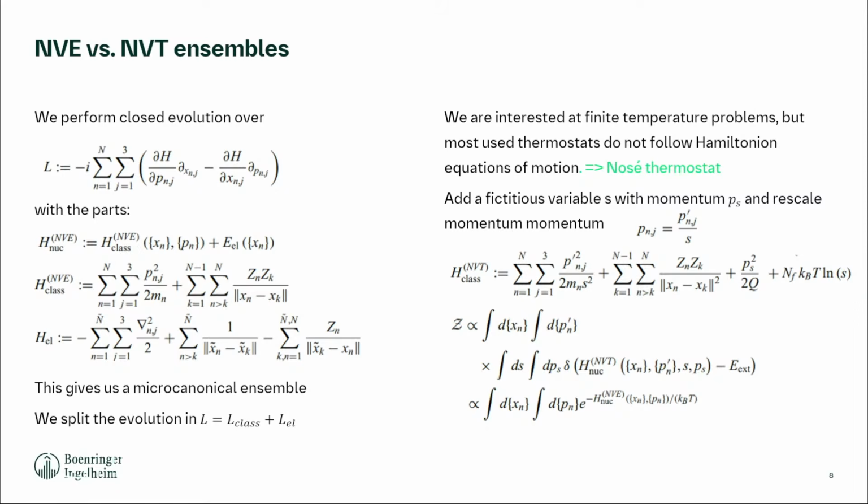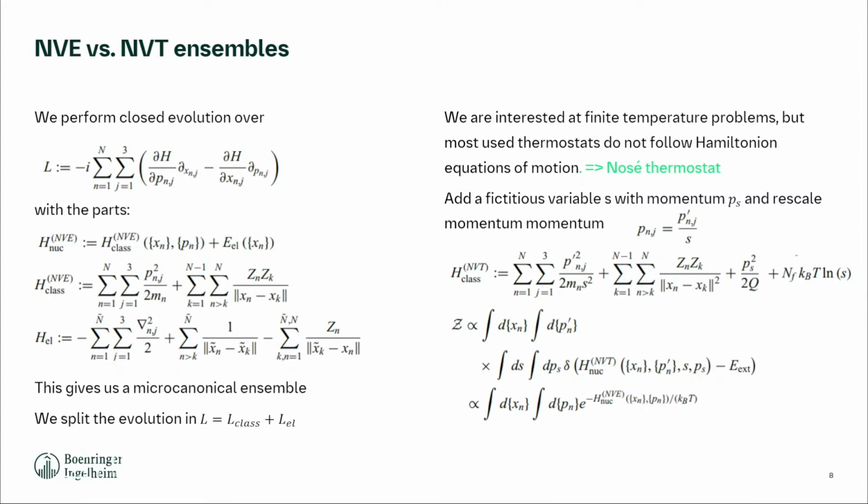And the way people normally achieve this in MD calculations is by including thermostats. The most used thermostats are sadly not Hamiltonian, so you cannot use them in this Lagrange-Hamilton dynamics. But there is one that's quite old, but still works, and that's the Nosé thermostat, which basically introduces a new variable S that evolves like the position of a fictitious bath variable, and that also has a canonical momentum.